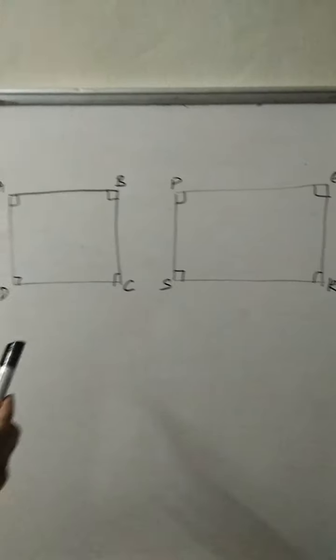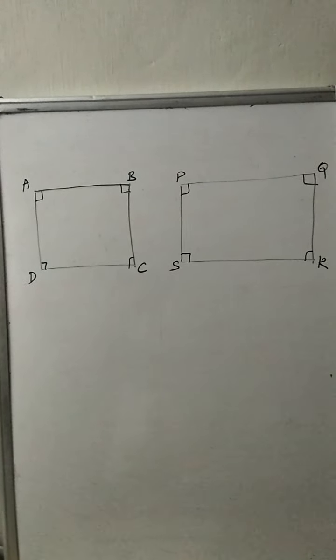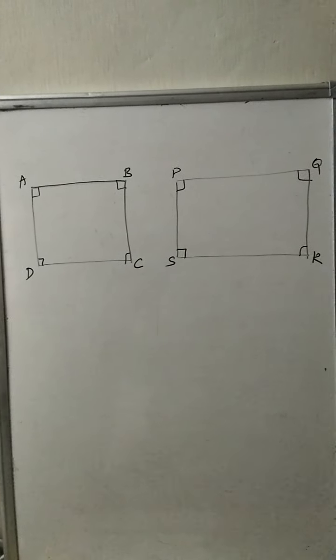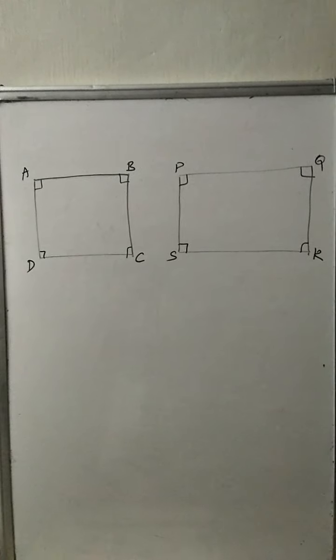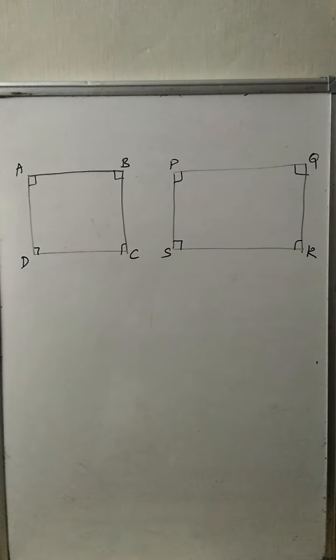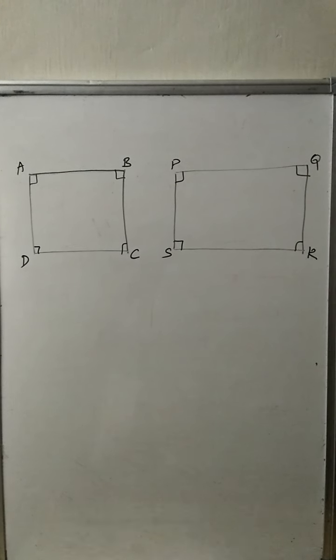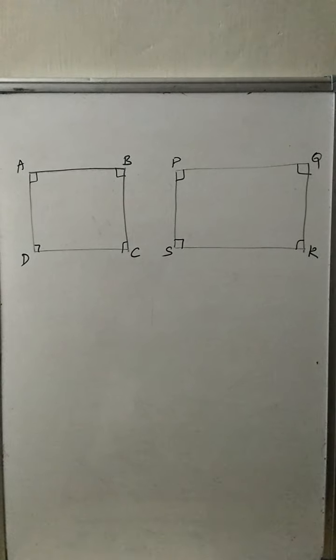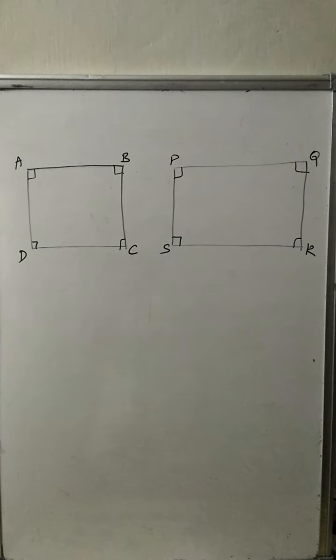What is the difference between these and what is the similarity, that we will discuss, and I will ask one question in the end. I want all of you to answer that question in the comment section, so that I can understand that you have understood. If you have understood, then we will continue with the next members of the quadrilateral family.